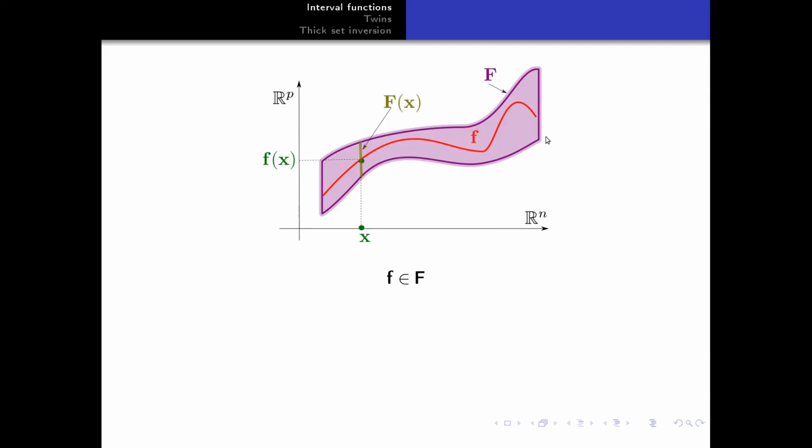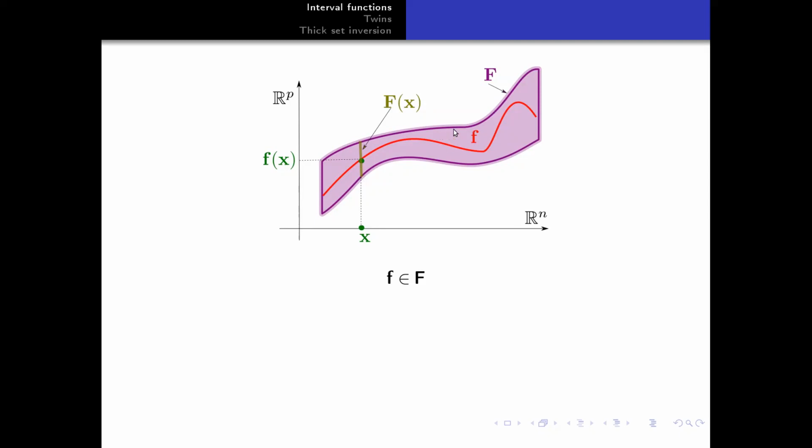I have a function f from Rn to Rp, which is painted here in red, and I can enclose it in some kind of tube, represented here. And the image of a point x by f is a point, of course, but by capital F, it will be an interval.